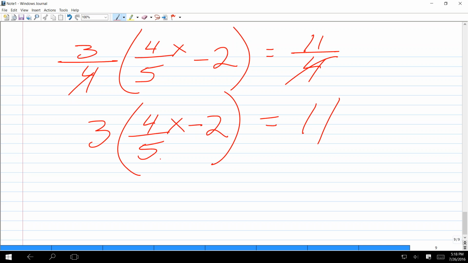If I multiply everything by 5 now, it's going to get really complicated. But let's first multiply 3 times 4/5 x. In other words, let's get rid of the parentheses first. Sometimes you get rid of denominators first, sometimes you get rid of parentheses. It just depends on the problem, and you'll get to a point where you know which. But make sure you know what 3 times 4/5 x is.